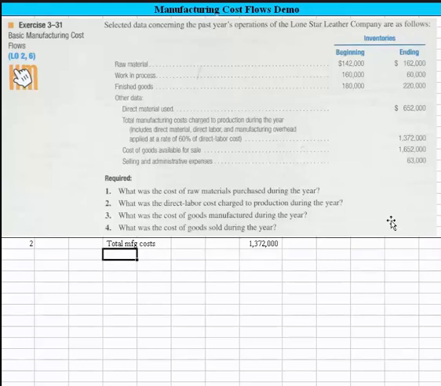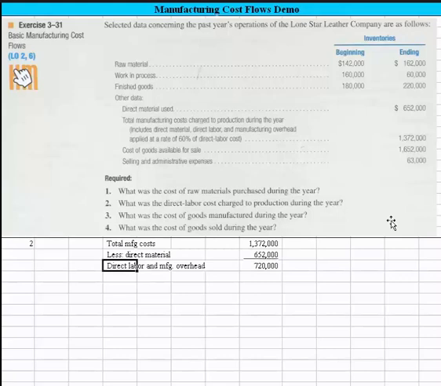And we know that of that, less direct material was equal to the 652, because they give that in the problem. So what that tells us is what's left is direct labor and manufacturing overhead. So if we take the 1,372,000 less the 652,000, we know we've got 720,000.